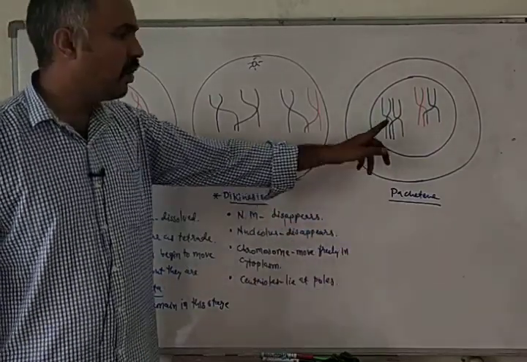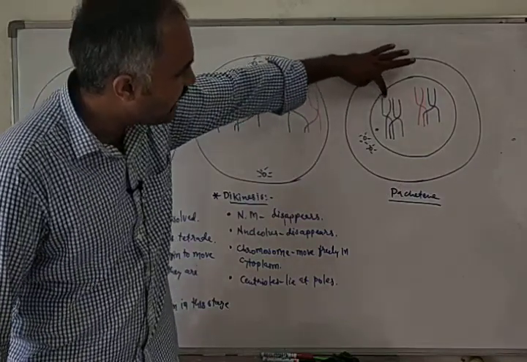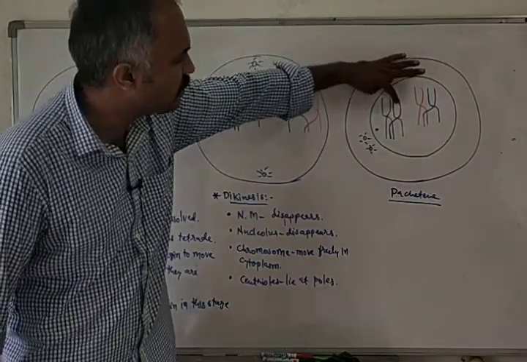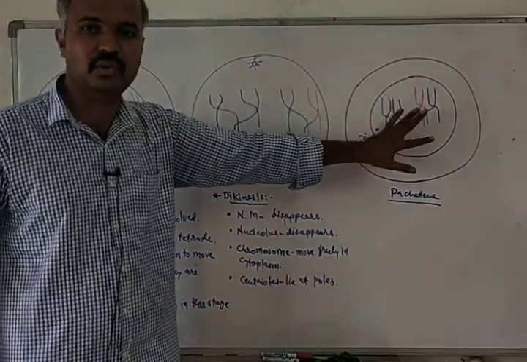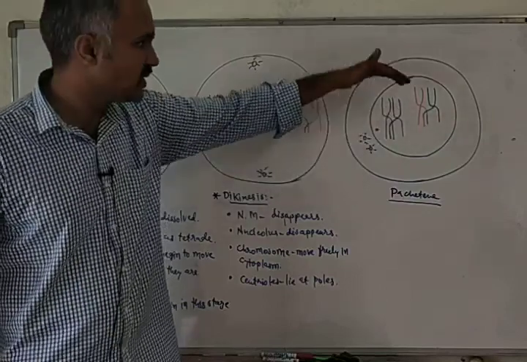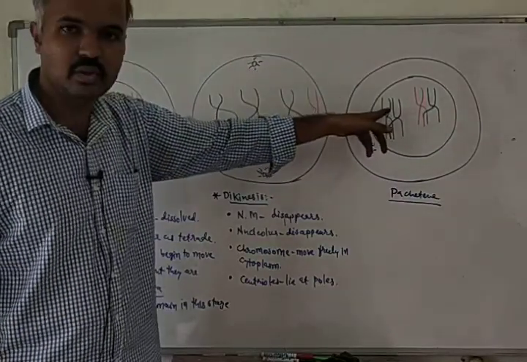We also know that this chromosome is actually lying behind the first chromosome. It is not adjacent to the first chromosome.